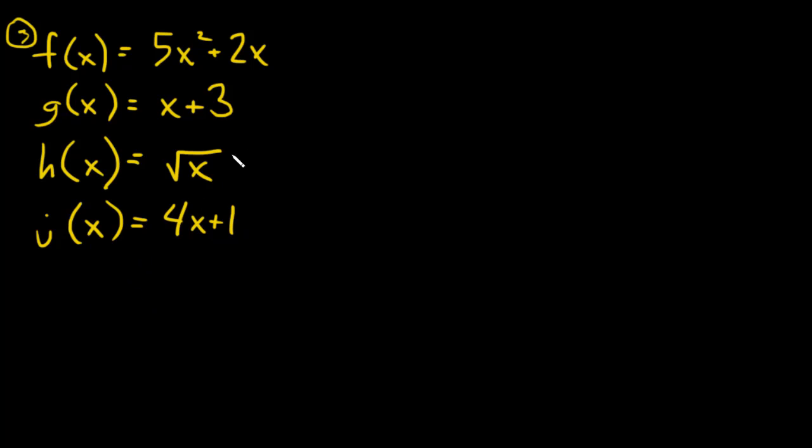Okay, so what is f of g? Actually, let me shift that down to one where it'll line up a little bit better. So erase. All right. What is f of g of x? Well, f of g of x is going to take the g of x function and substitute it in wherever there's an x in my f function.